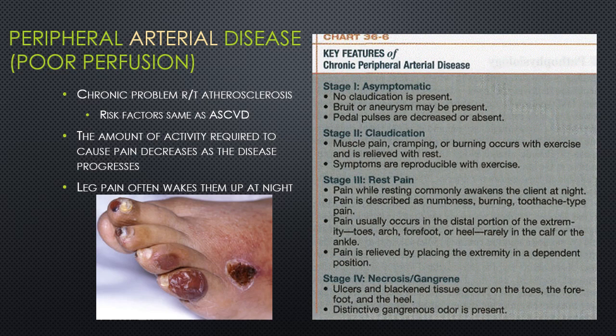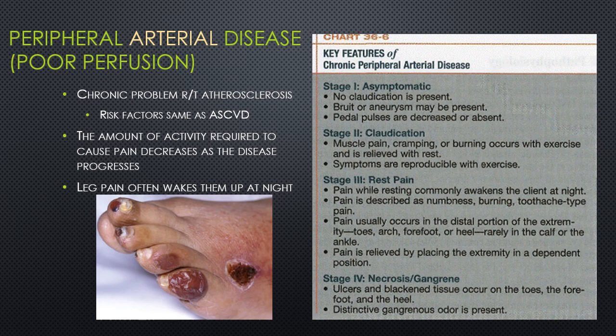And as the disease is progressing, we'll notice also that people will start to complain that leg pain often wakes them up at night. So these are two really key indicators that their peripheral arterial disease is becoming more severe. There are 4 recognized stages to the progression of chronic peripheral arterial disease.